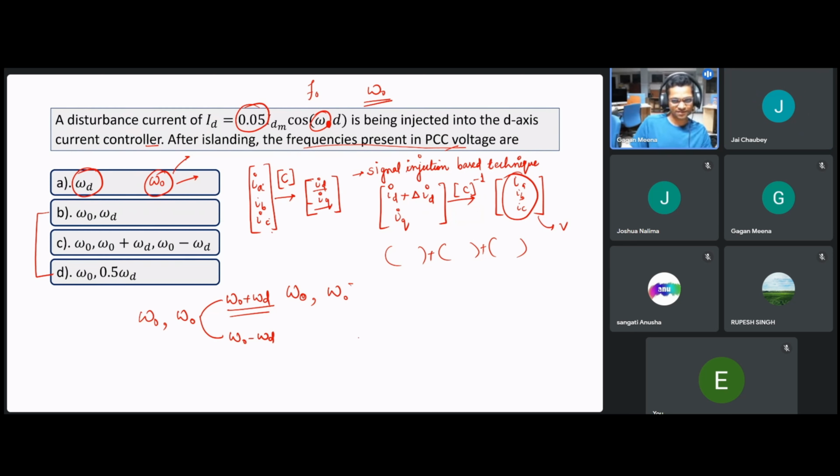The expression is difficult to remember, but what we can remember is that these frequency components will be there whenever we inject a disturbance. The transformation matrix that we have here is C, and it has cos and sine components.